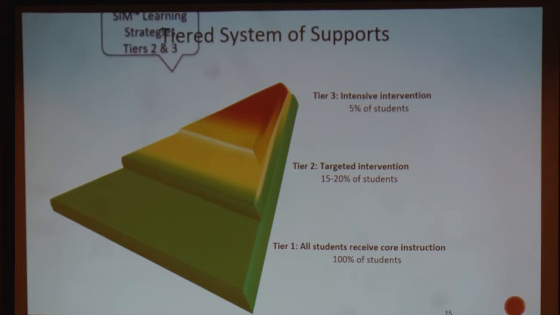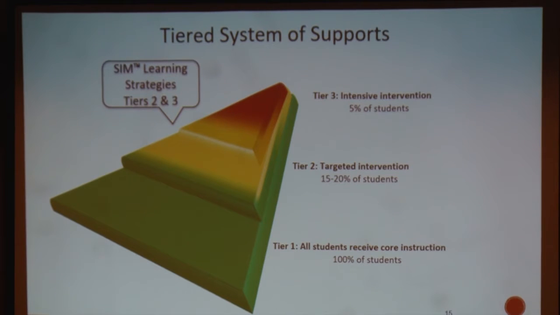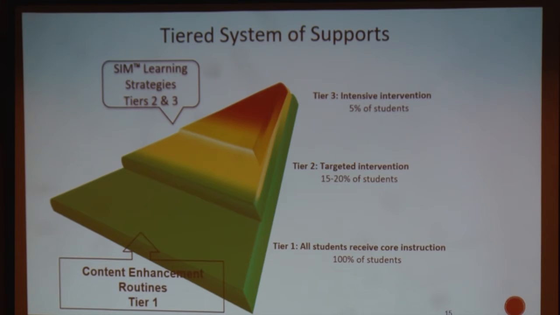When we think about learning strategies, those really fit nicely in a tier 2, tier 3 support. There's specific strategies to help students who need some more intensive support. And the content enhancement routines, remember those teacher tools to help plan and implement instruction. So those really fit nicely in that tier 1 because it's for all students.